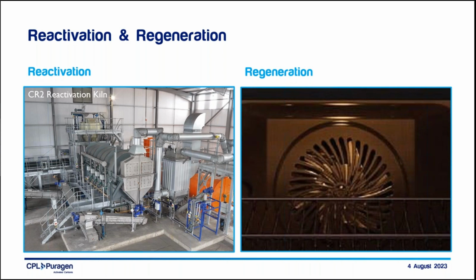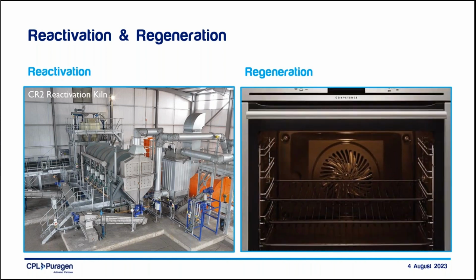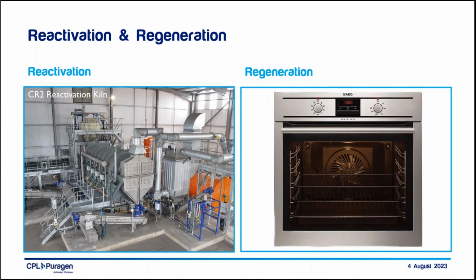Regeneration is a low temperature process and is typically run between 120 to 250 Celsius. So that's something that you can do in your oven at home, provided that you can put up with the smell. It's much more simple. Regeneration is a good technique when you are looking to recover the adsorbed species, but you will not be able to fully reactivate the carbon.